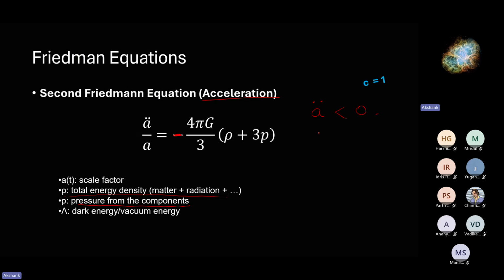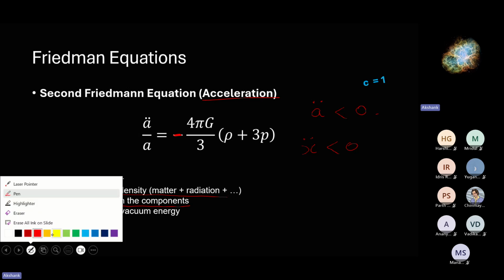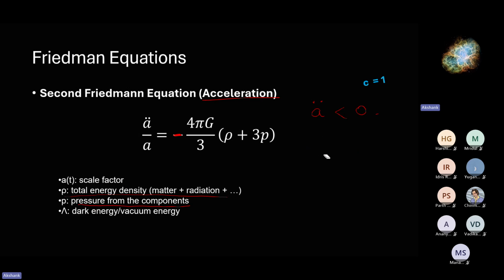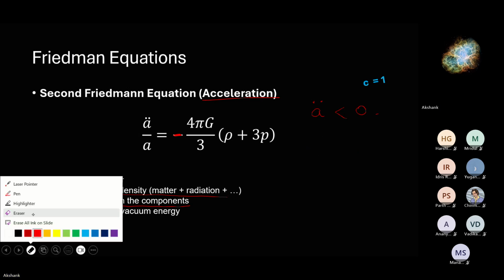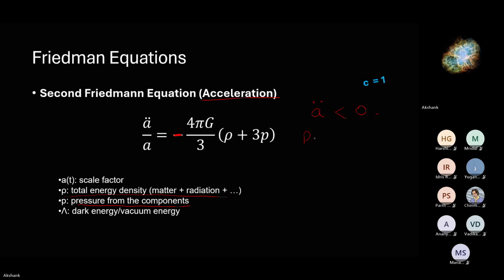You all have studied this in kinematics. What does x double dot being less than 0 mean? Anybody? Decelerating. Correct. So a double dot less than 0 means deceleration, right?